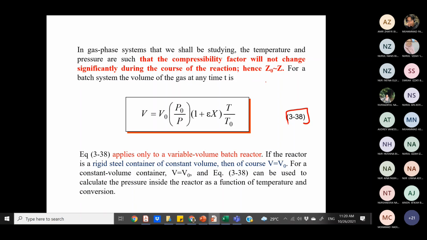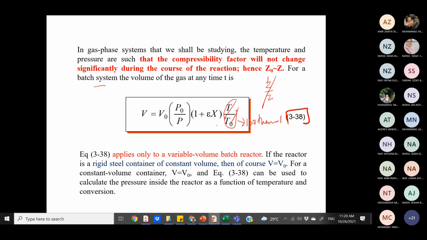Alright, so for a batch system, the volume of the gas at any time T is this one. So we will have this equation. Here we assume that this is isothermal. If we assume this is isothermal, there is no change in temperature, so we can cancel this one.